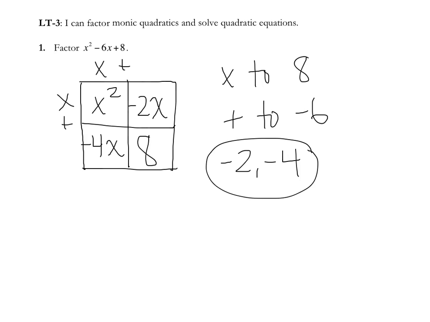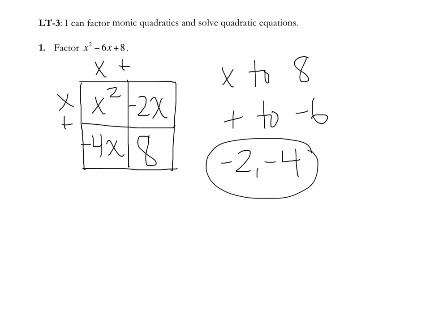We can fill in the outside of our multiplication box by thinking about what number would have to go up here to make this box a negative 2x and this box an 8. Let's first focus on this box here. That's a negative 2x. This box comes from multiplying this x by this number up here.